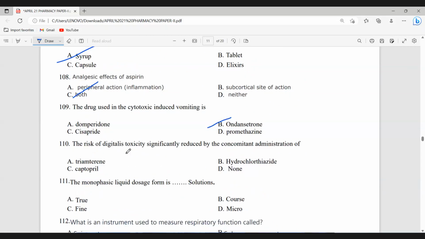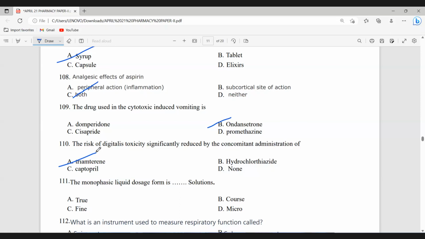110. The risk of digitalis toxicity is significantly reduced by the concomitant administration of... The direct question, that is triamterene. Hydrochlorothiazide.